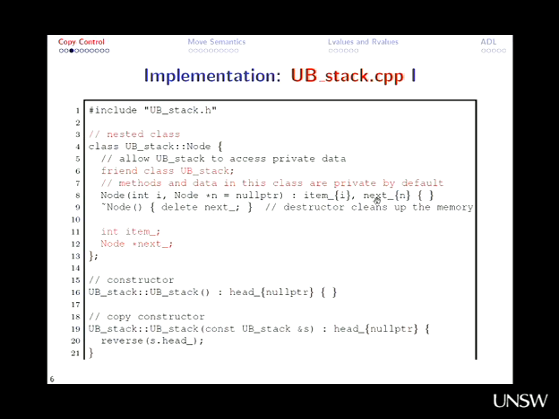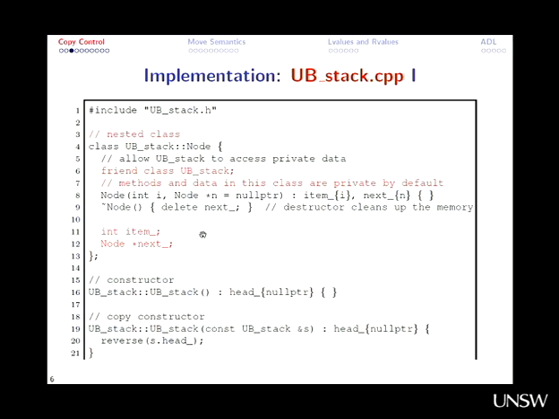I have a constructor for the node and a destructor for the node. And the node itself contains an item. In this particular case, because this isn't strictly a generic type, our stack is only storing ints. Each node in our stack is an int. That's a value.